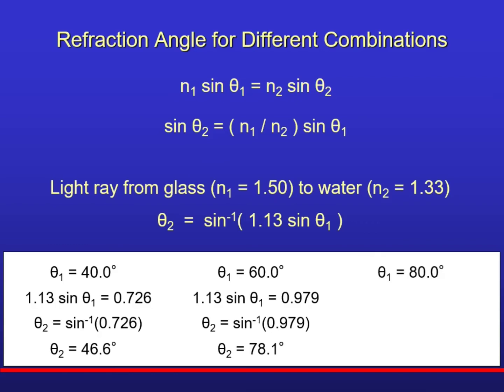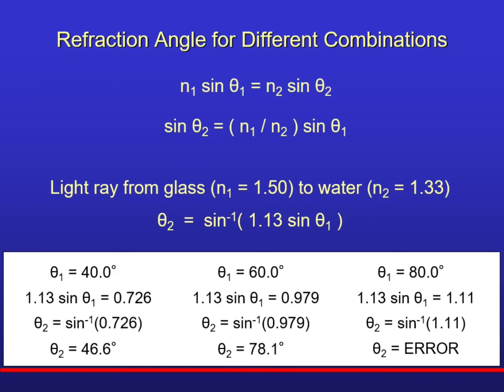Now let's suppose theta 1 was 80 degrees. If theta 1 is 80 degrees, that quantity, 1.13 sine theta 1, equals 1.11. Theta 2 is the sine inverse of that. Try it with your calculator. You'll find you get an error.